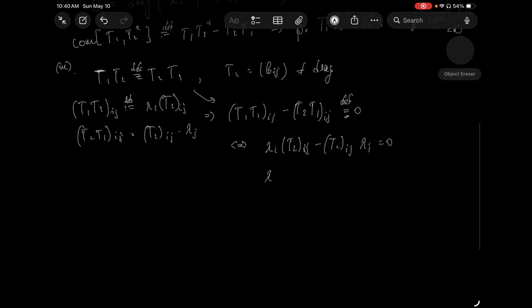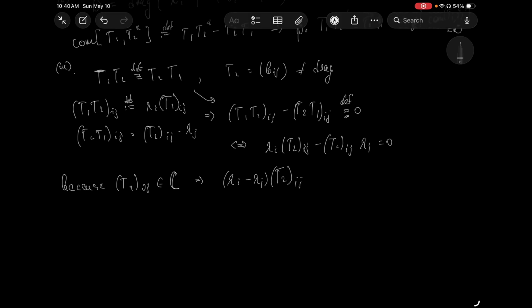And then, because T2 ij belongs to the complex scalar space of scalar values, we can factor out this value: lambda i minus lambda j times T2 ij equals 0.